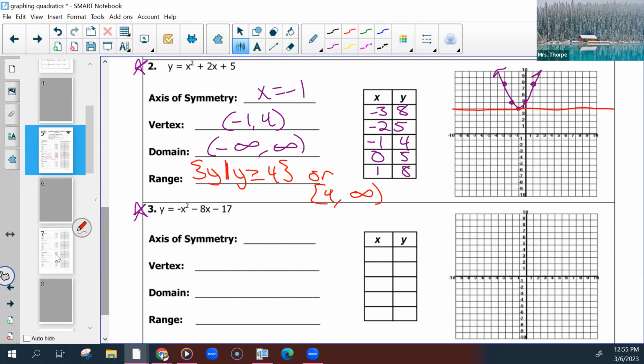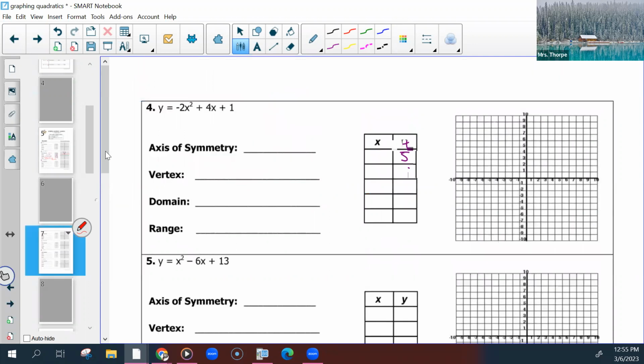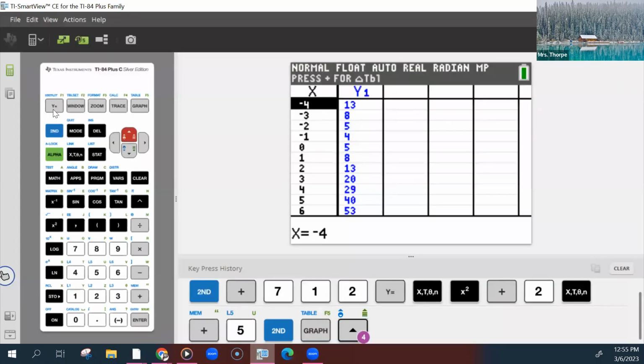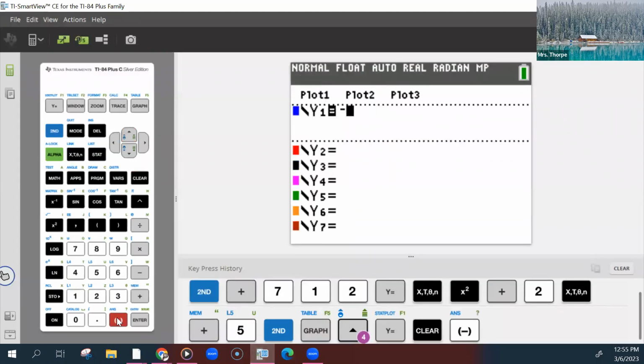On the next page, we're gonna do 6 on the graph. So go ahead and put this in y equals. Negative x squared -4.